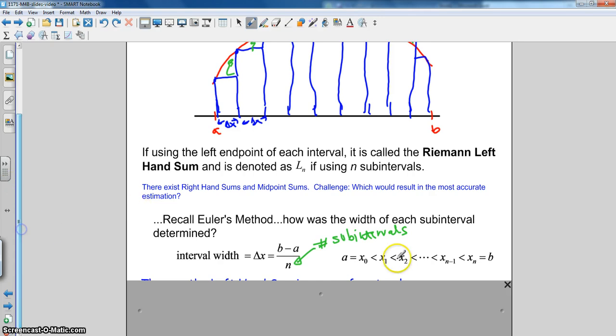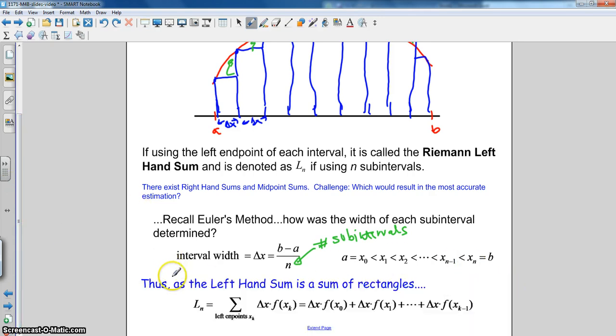Okay, and so then finally we say the left-hand sum is really just the sum of the different areas. So the width of the rectangle times the height of the rectangle. And so remember that we are using the left endpoint. So actually, b here, the function value at b is never used.